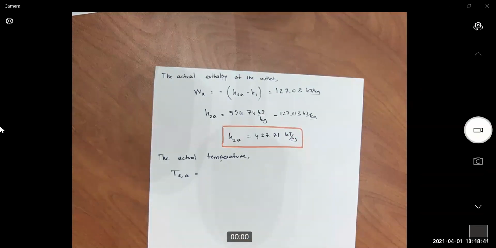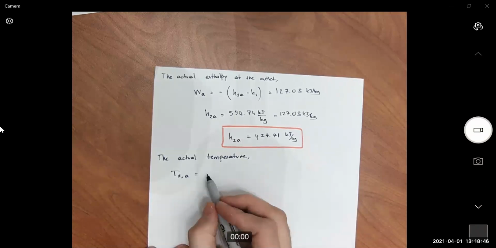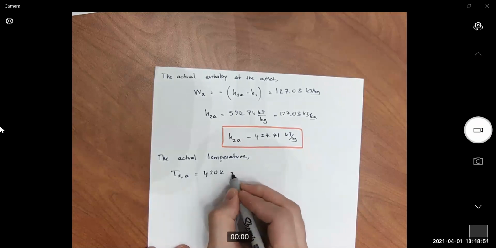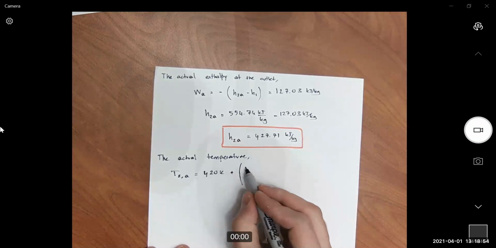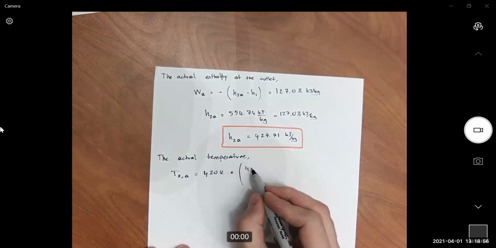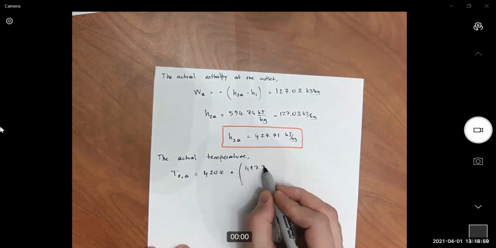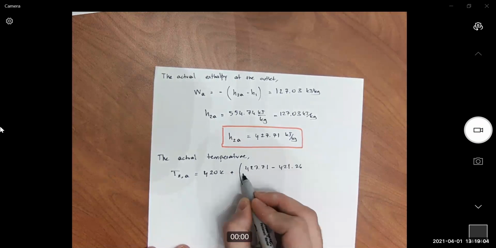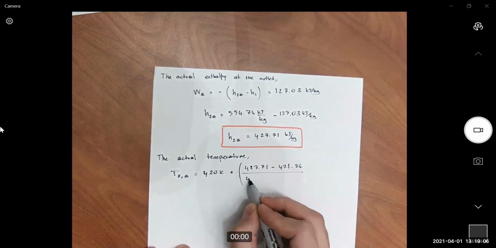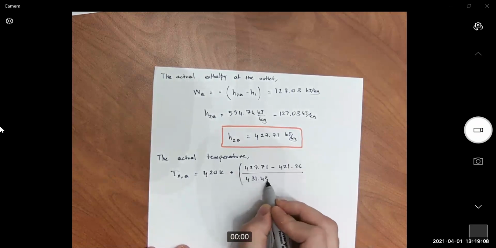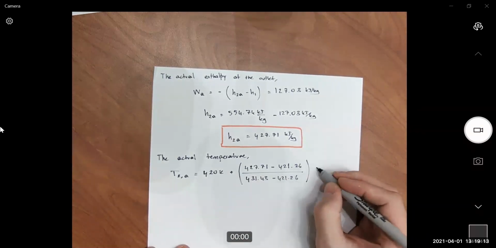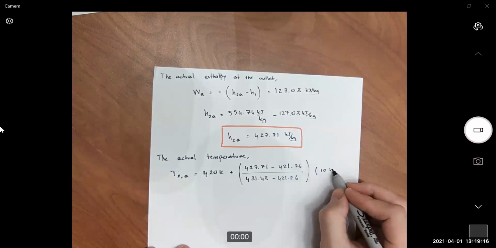It probably lies between two temperatures, and I can interpolate. The enthalpy at the outlet is 427.71 minus 421.26, divided by 431.33 minus 421.26, times 10 Kelvin.